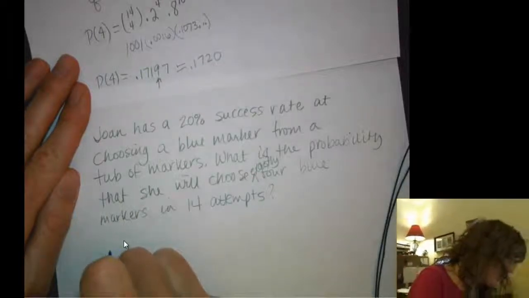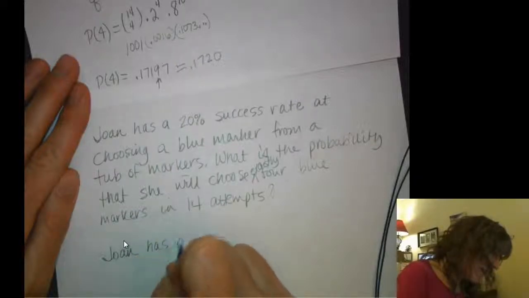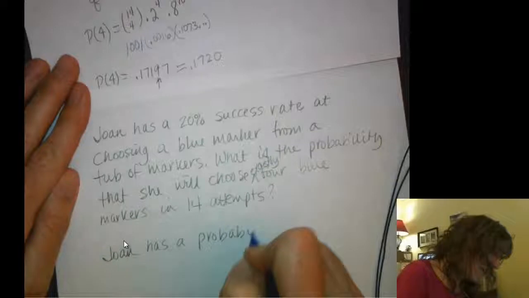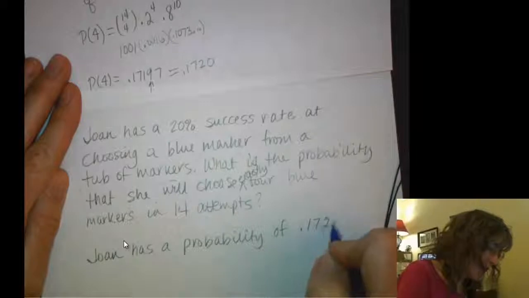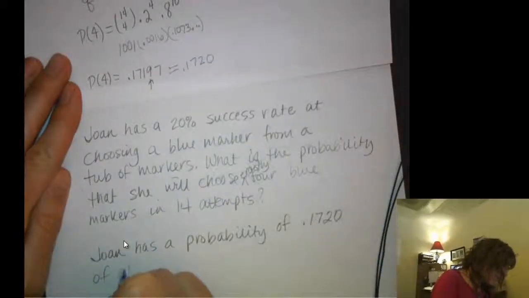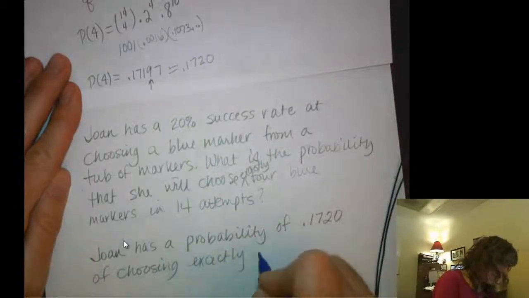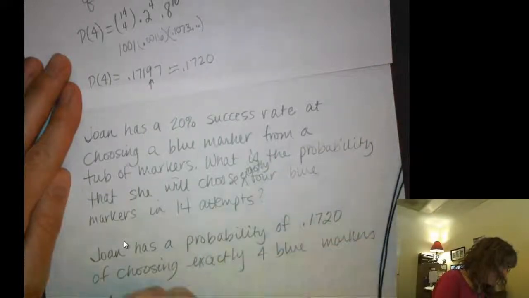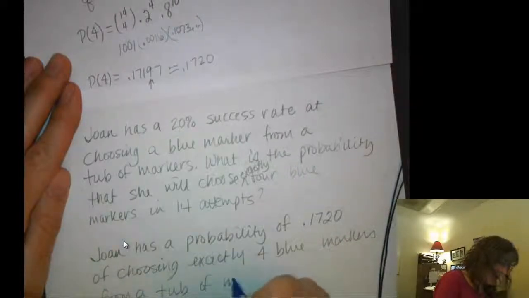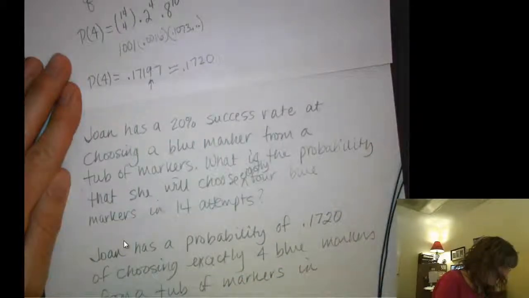So my answer would be: Joan has a probability of 0.1720 of choosing exactly 4 blue markers from a tub of markers in 14 attempts.